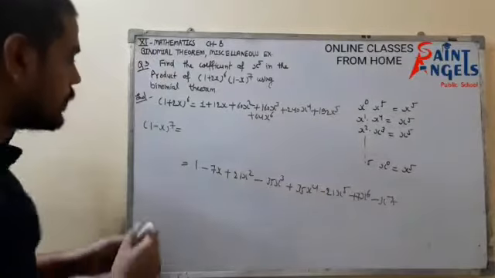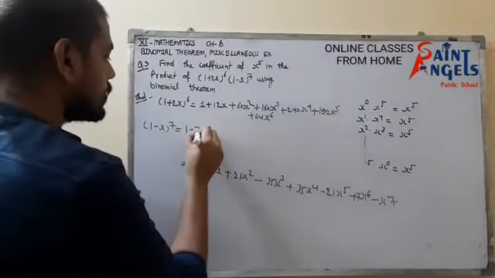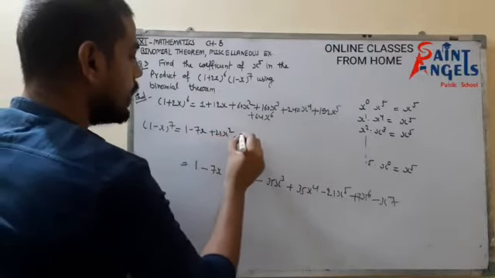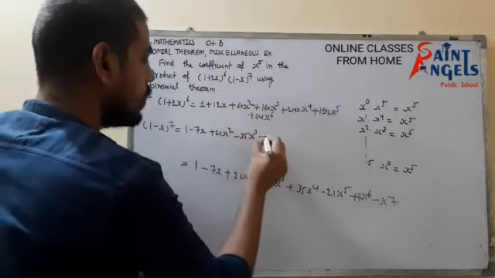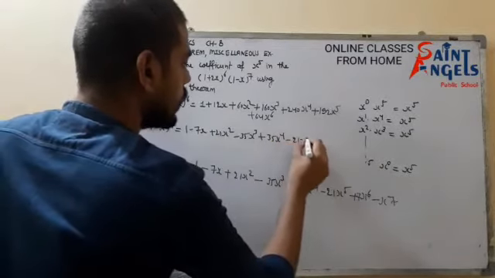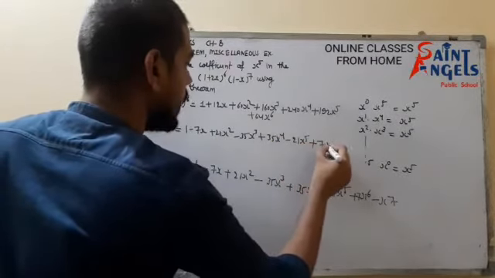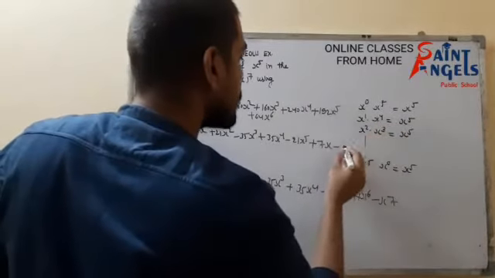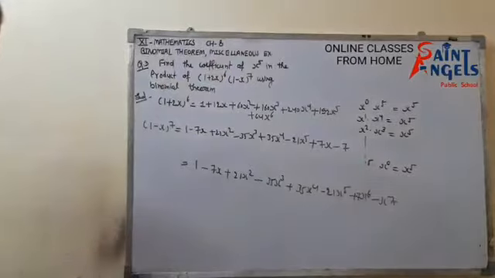So it is 1 minus 7x plus 21x square minus 35x to the power 3 plus 35x to the power 4 minus 21x to the power 5 plus 7x^6 and minus x^7.